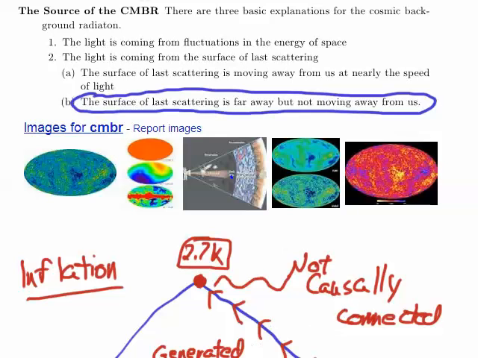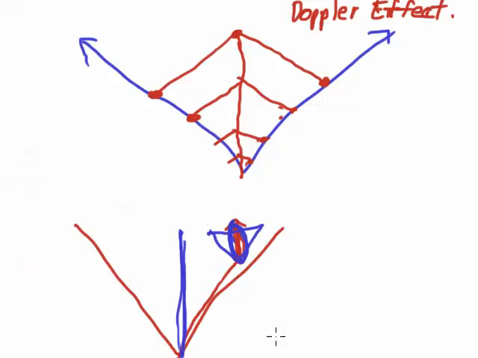Or is it coming from non-causally connected stuff that is not moving away from us, but just became part of our universe because the space-time grew to encompass it? I personally think that this is the most simple explanation, and will probably eventually become more commonly accepted, or at least it will become understood.